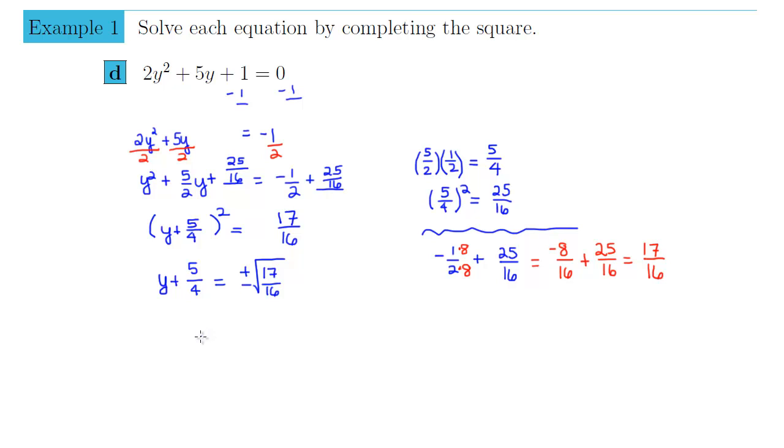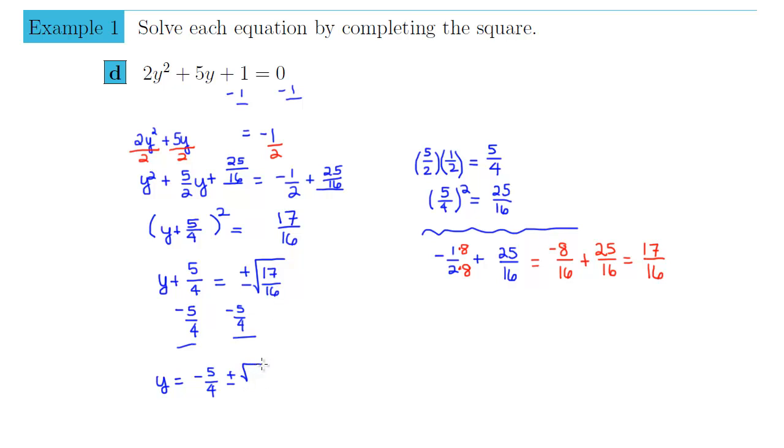Good. We finish by isolating y. That is, we want to subtract 5/4 from both sides of our equation. What does that give us? On the left side, y equals, and on the right side, negative 5/4 plus or minus the square root of 17/16.